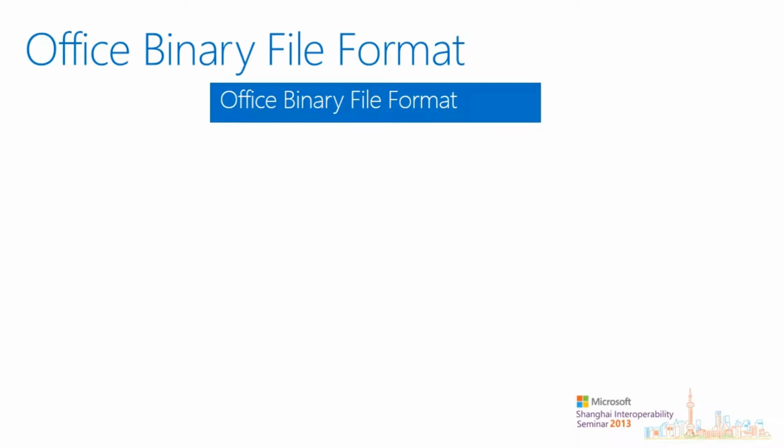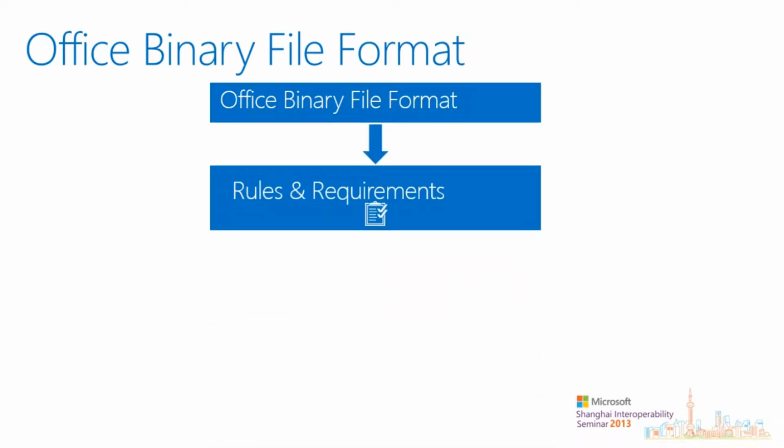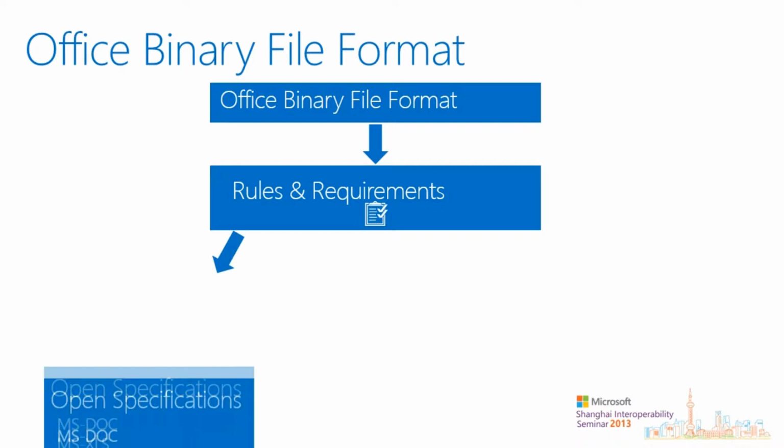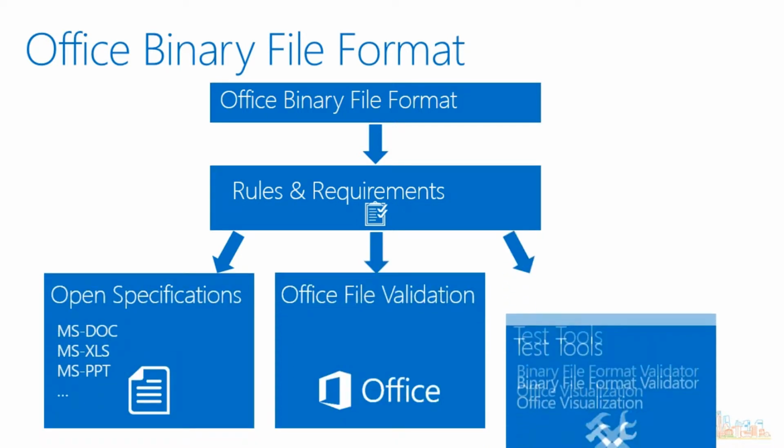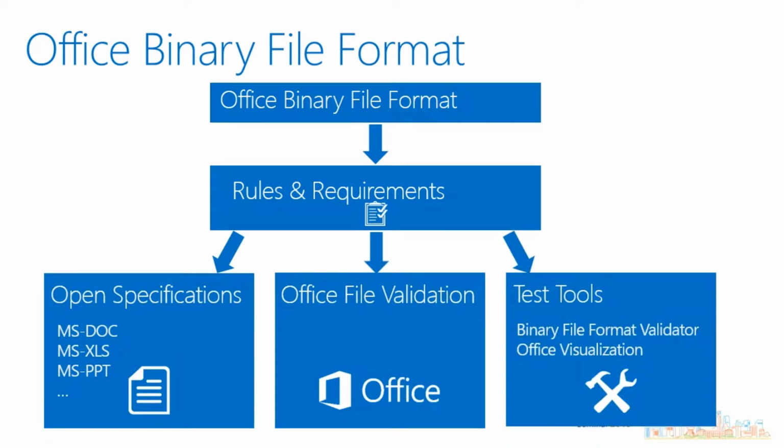But in order for us to work with third parties, we extracted the rules and requirements from the binary file format, and using that information, we've generated three pieces: the open specification, Office file validation, and the test tools. Those three pieces are very tightly related to the binary file format.